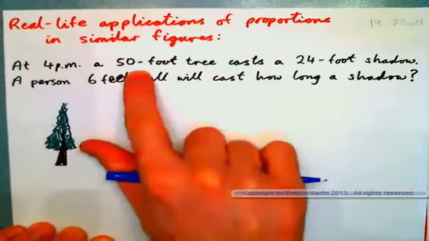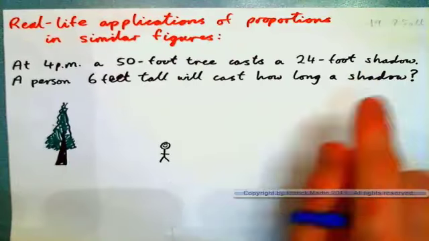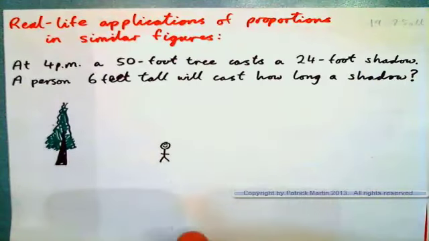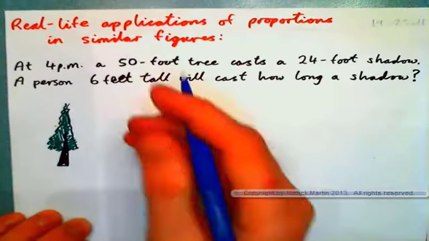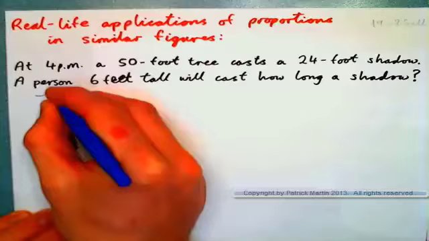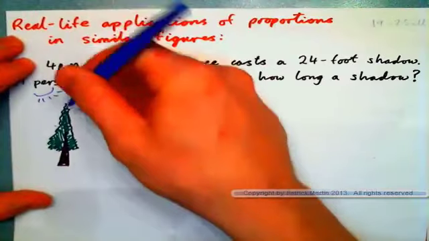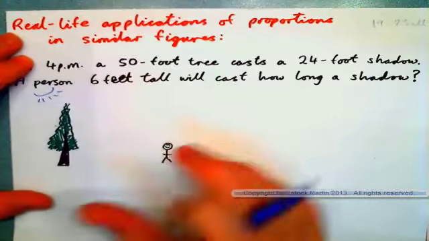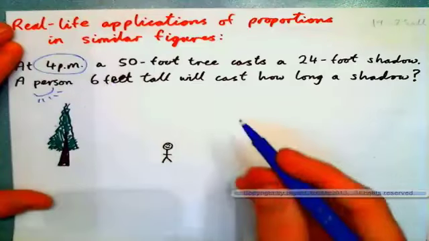At 4 p.m., a 50-foot tree casts a 24-foot shadow. A person 6 feet tall will cast how long of a shadow? Okay, so what we've got to think about is the sun. The 4 p.m. is just telling you that it's in the same position in the sky.